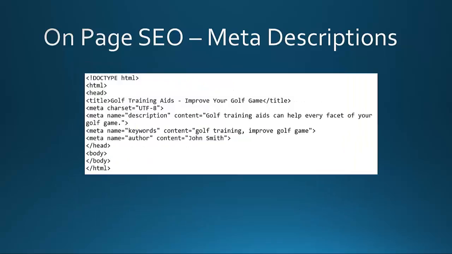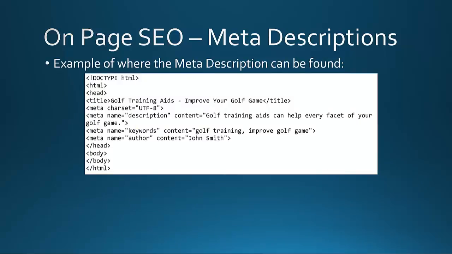If you're using Composer, this is an example of where the meta description can be found. You'll notice here there's the title tag, and then right down there's the meta name equals description. This is where you could put in golf training aids can help every facet of your golf game. And then you've also got the meta keyword where you could type in a couple keywords.